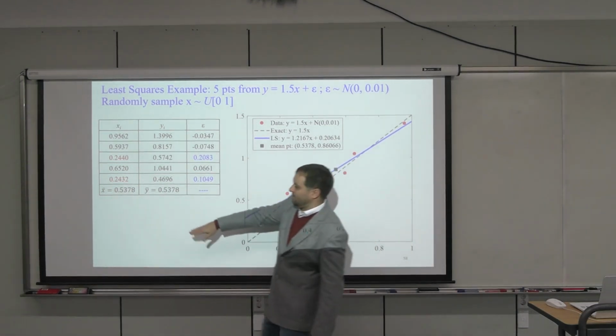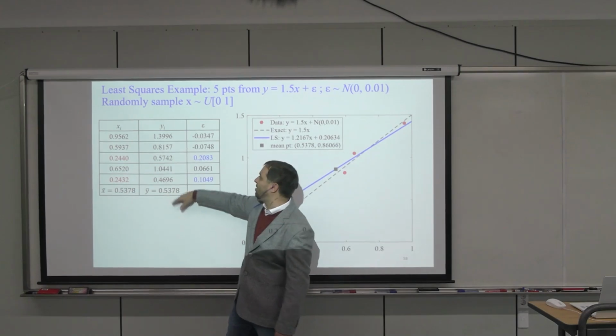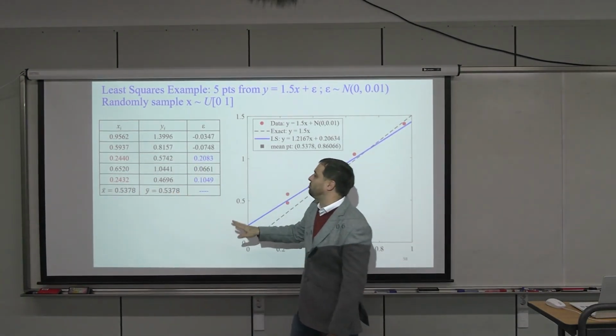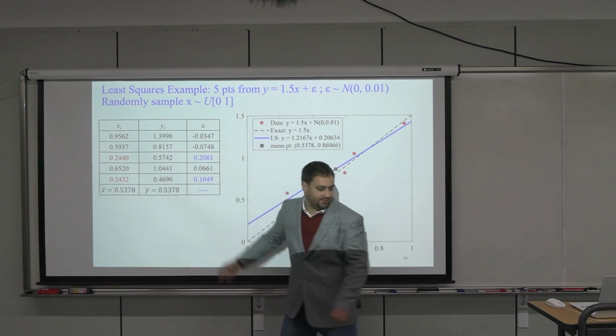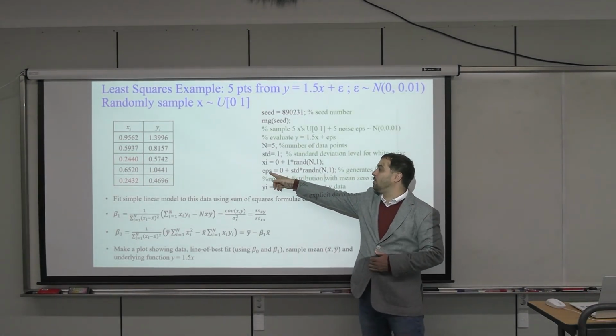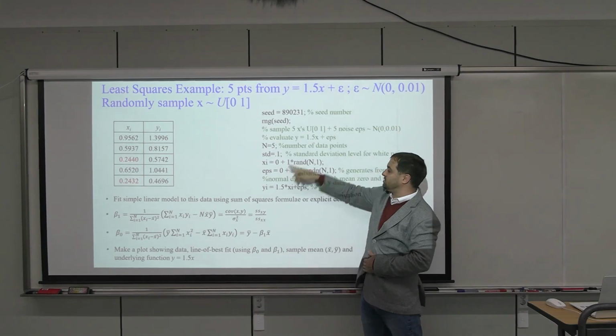So here I've also calculated the x bar and y bar. It's just these 5 numbers divided by 5. I've also provided this: if you remember in the MATLAB code, we generated our epsilon, our random noise term.